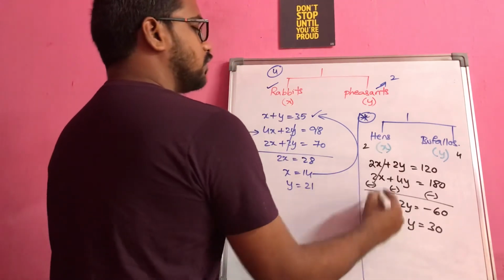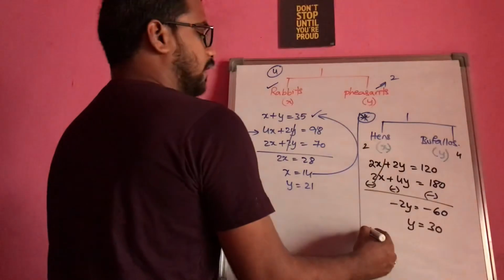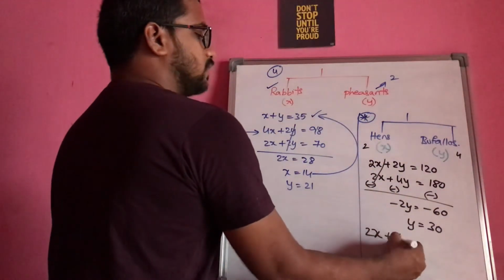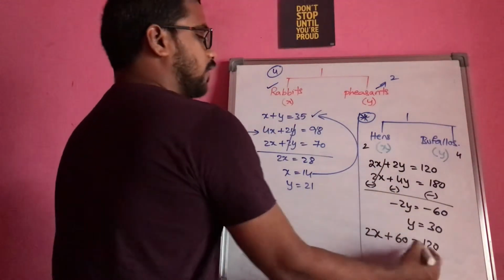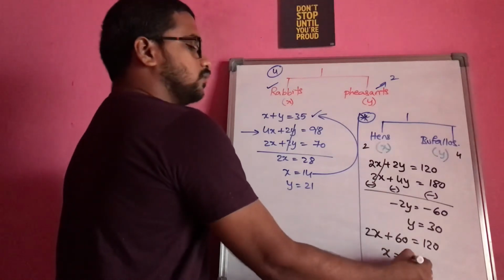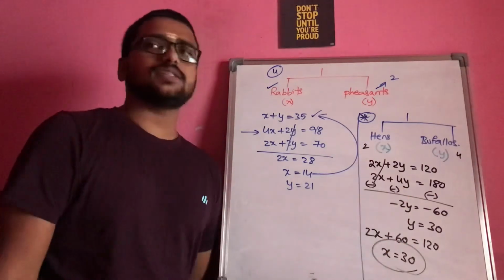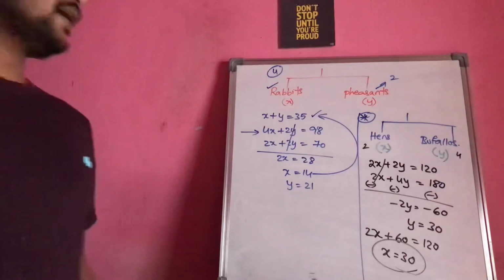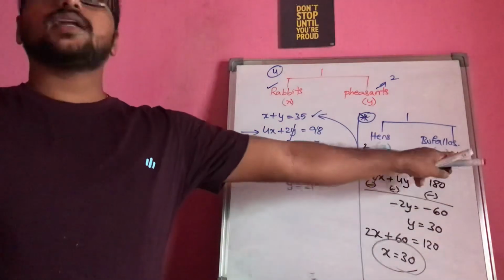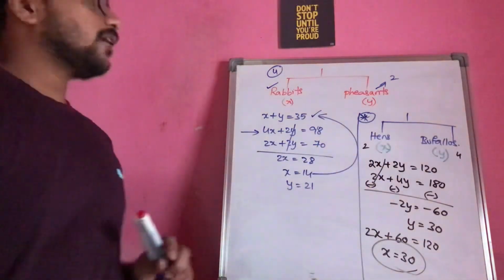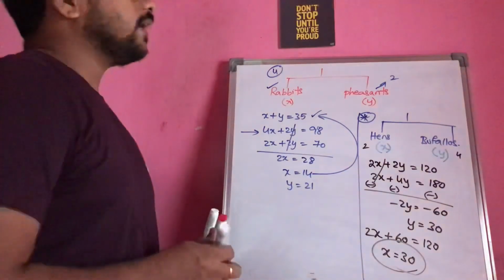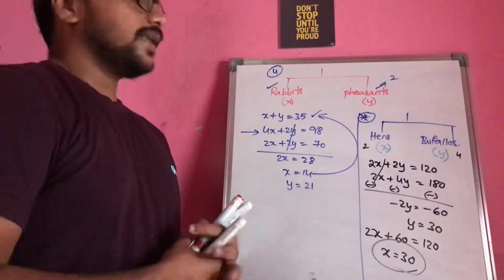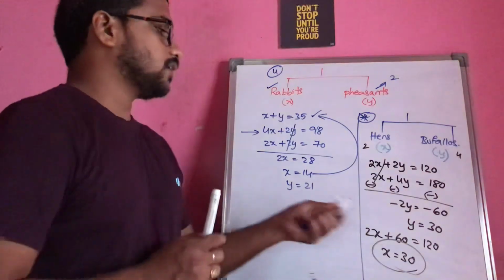So y is equal to 30 means substitute here, I will be getting 2x plus 60 is equal to 120, x is equal to 30, the total number of hens I am having. And y is representing the 30 buffaloes. So totally I am having 30 hens and 30 buffaloes.